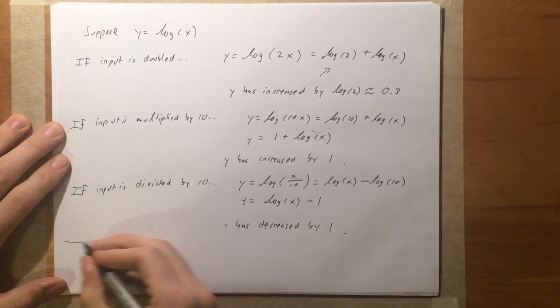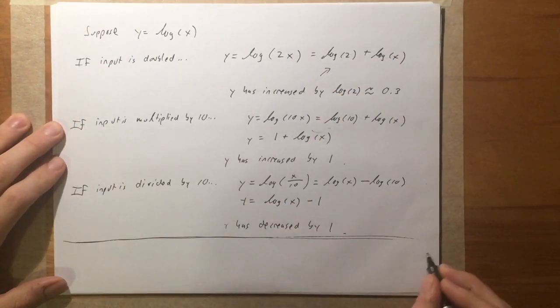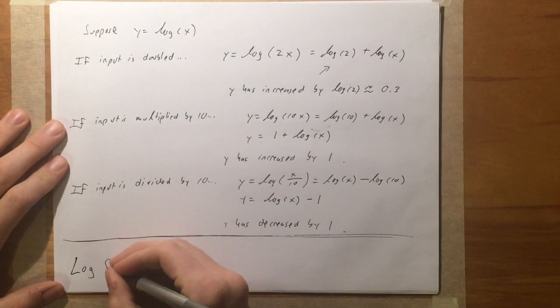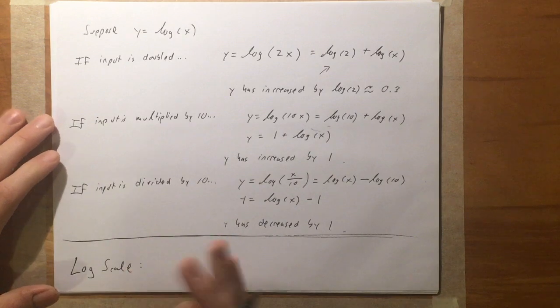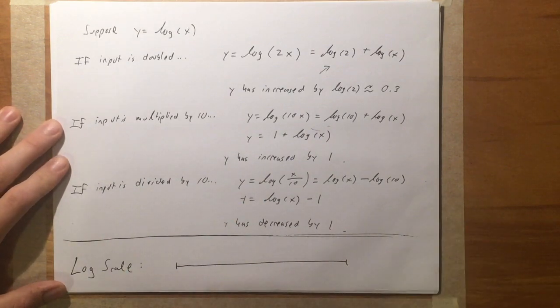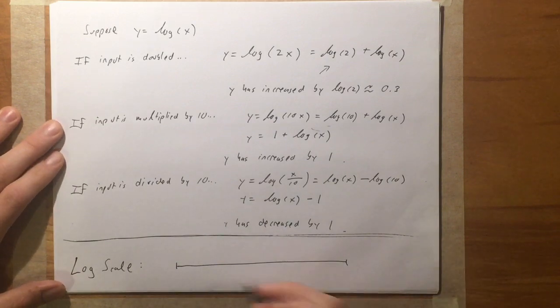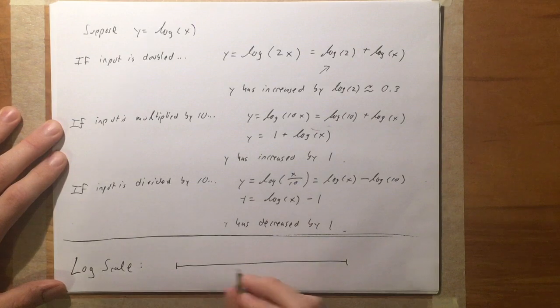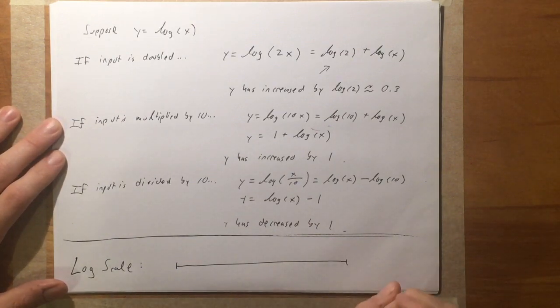So for some science applications, a lot of science applications actually, you'll see something called a log scale. And you'll hear people talking about log scales. A log scale is like a scale you might see on a graph, where increasing along that graph by regular intervals, instead of adding a certain amount every time, multiplies by a certain amount every time.